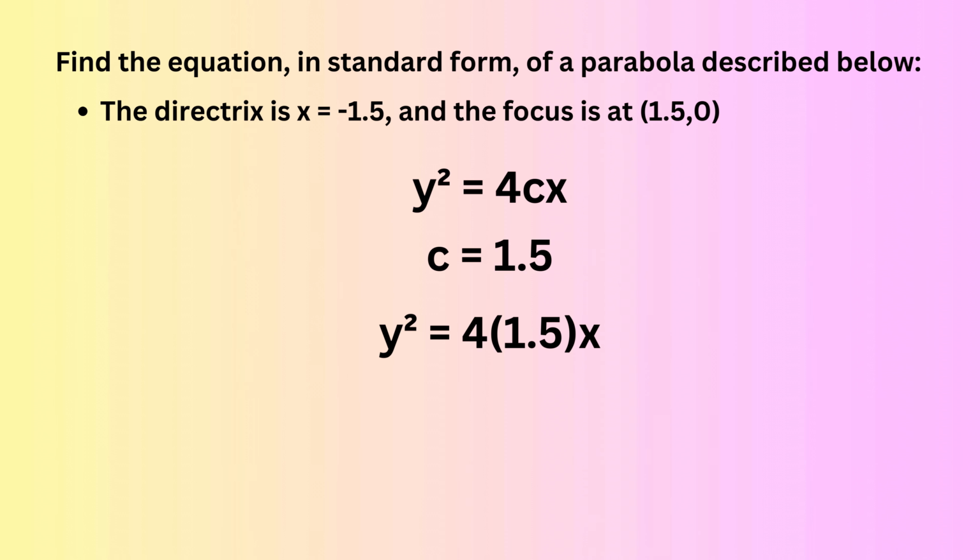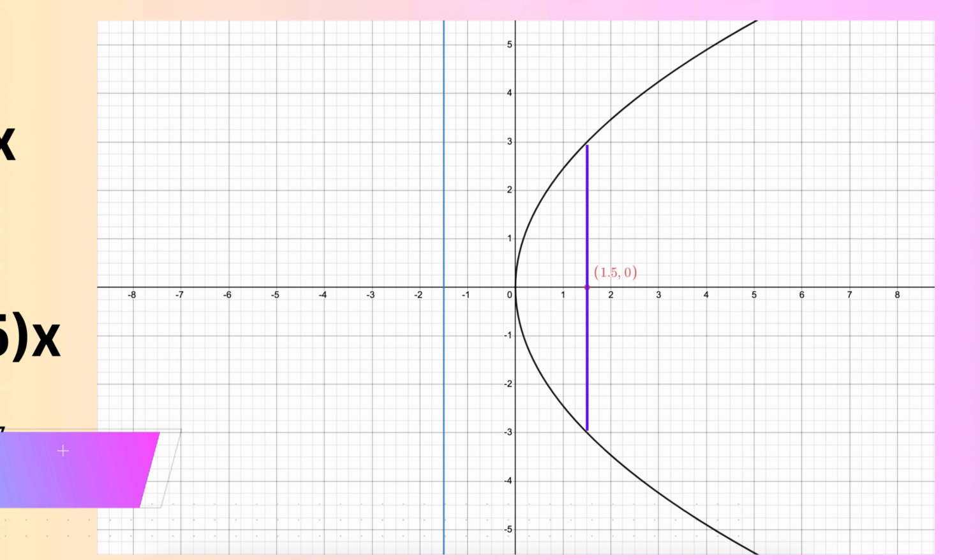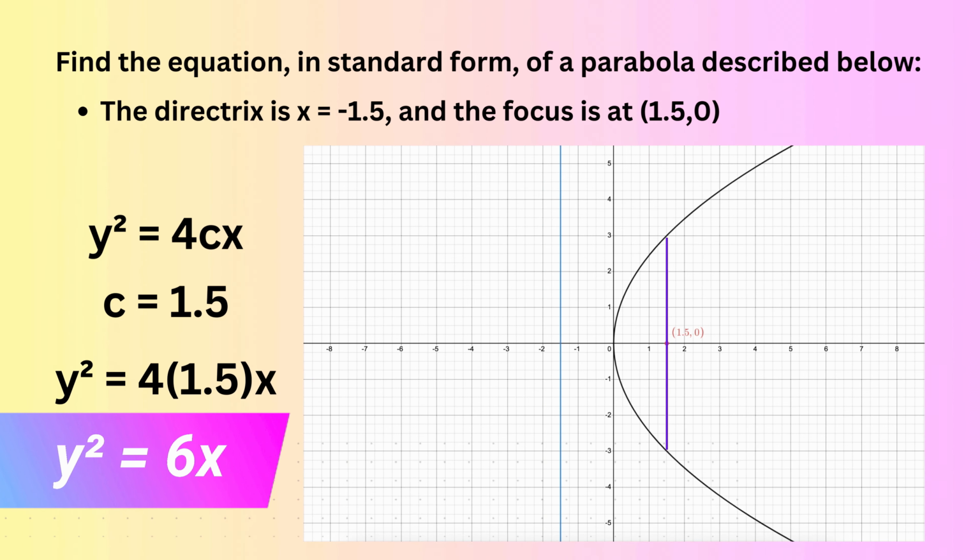Applying c equals 1.5 to our standard form of equation, we have y squared equals 4 times 1.5x, or y squared equals 6x. Notice that, if we are to measure the latus rectum by counting, it will be 6 units.